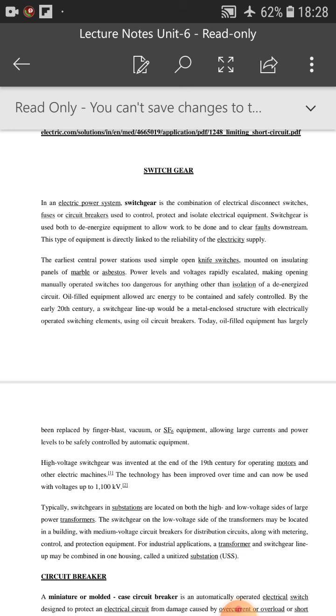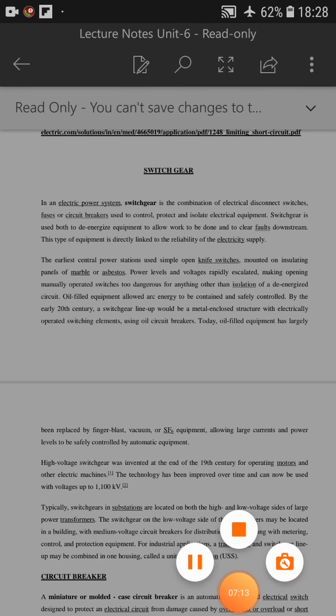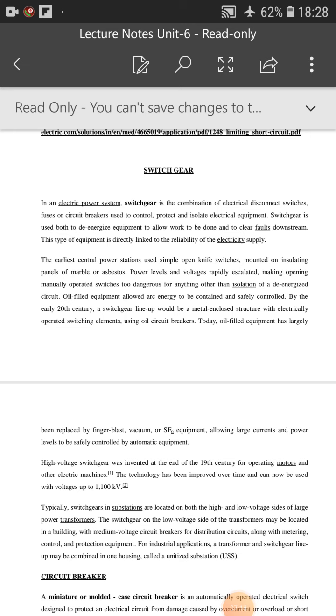Switchgear is used both to de-energize equipment to allow work to be done and to clear faults downstream. This type of equipment is directly linked to the reliability of the electricity supply.